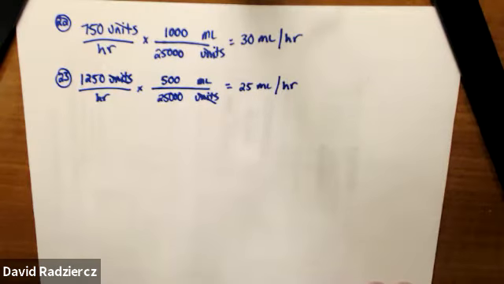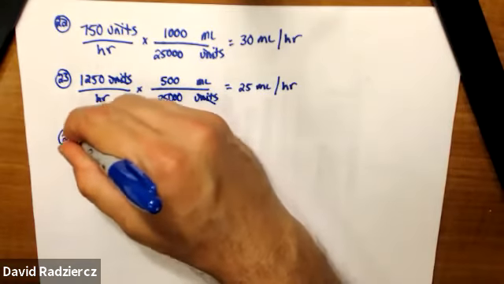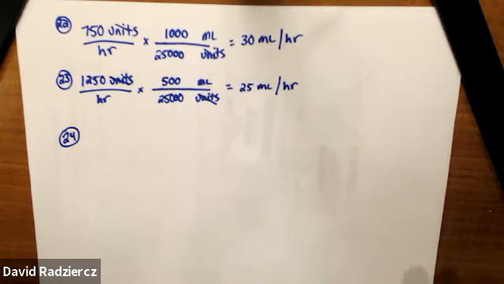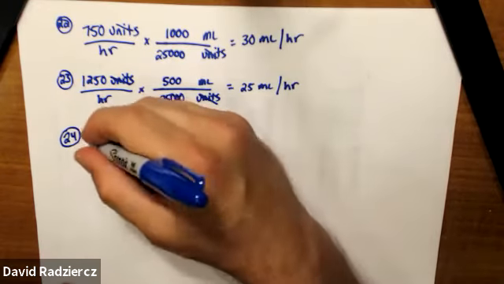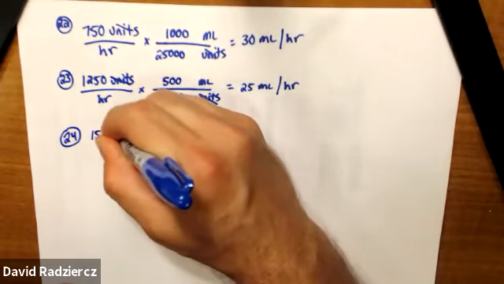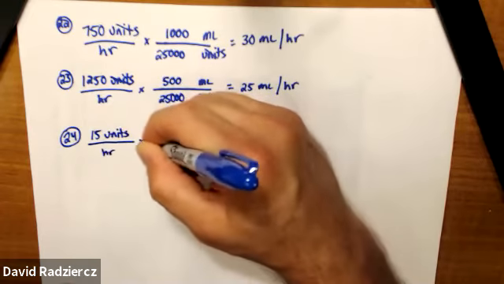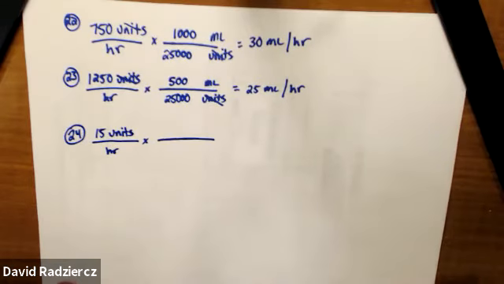And then 24, following a similar strategy. This time they talk about insulin instead of heparin, but insulin and heparin are both measured very similarly. They use units. The current flow rate is 15 units per hour, times, and then I look at how it is available. What's in the IV?